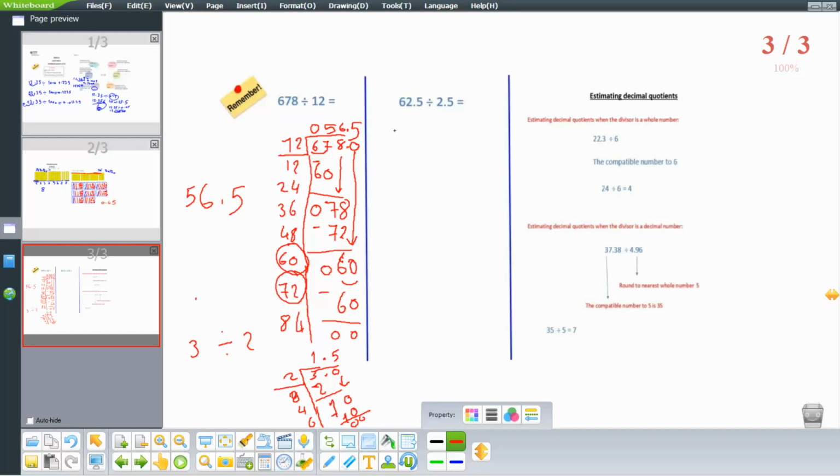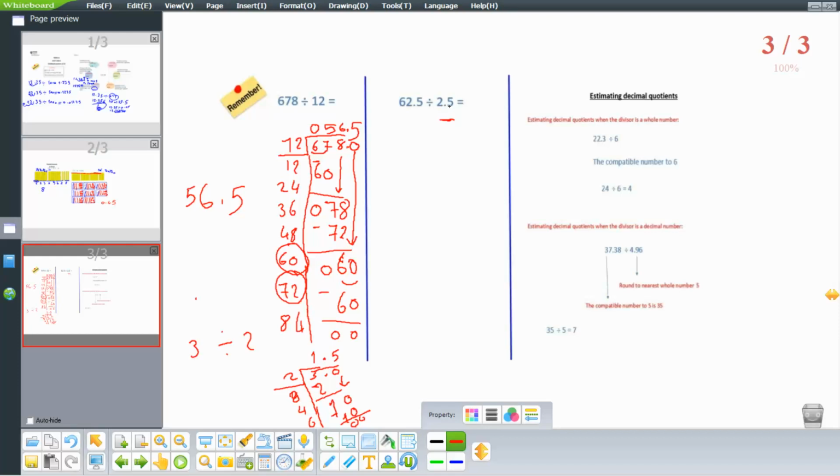Okay. Here we have 62.5 divided by 2.5. If we are dividing by a decimal, if the divisor has a decimal point, we must remove the decimal point. How can we remove the decimal point? By multiplying by 10 or 100 or 1000 according to the decimal places of the divisor.